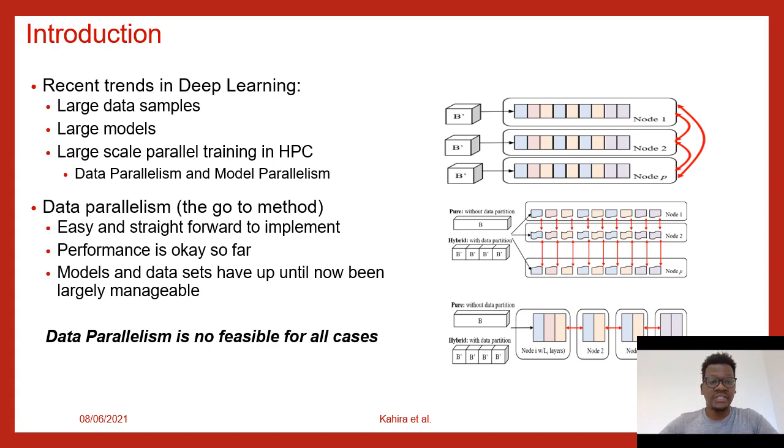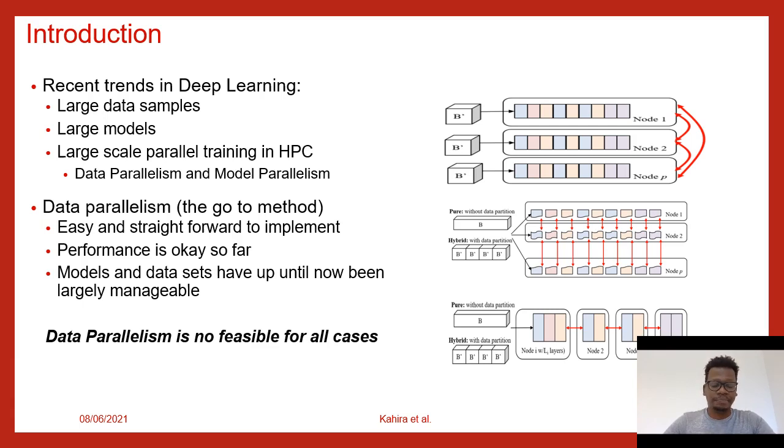Because of these reasons, what we have noticed is that deep learning is continuously being trained in HPC infrastructures. There is a prevalence of deep learning applications in HPC infrastructures, and this is to leverage the parallelism offered by HPC.